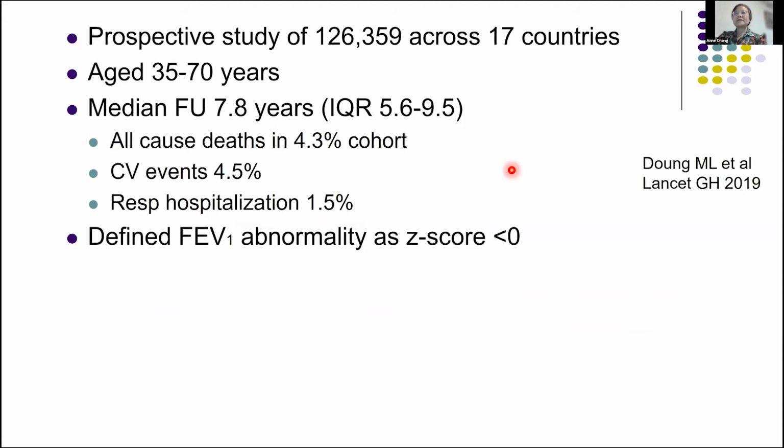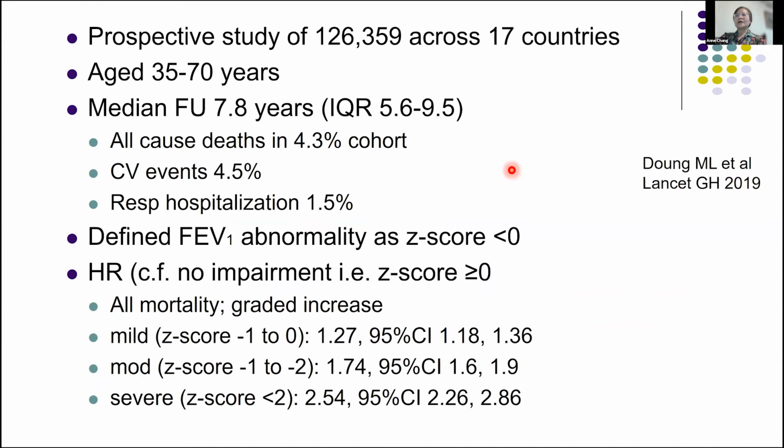In this particular study, they defined FEV1 abnormality as a Z score of less than 0. And what they found with the odds ratio for all-cause mortality was a graded increase. So for mild and moderate, you can see that the hazard ratio was elevated.